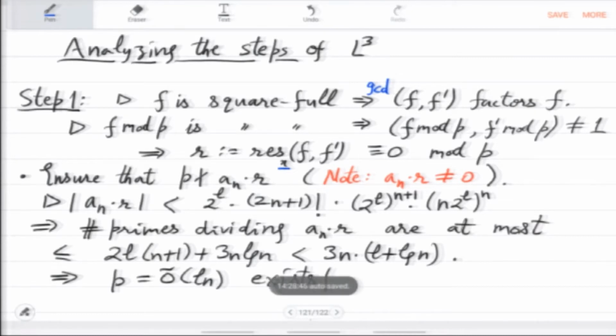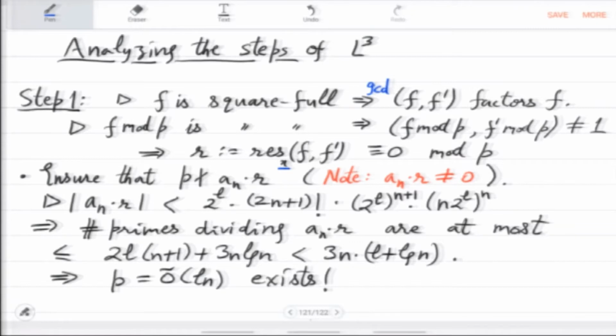Note that a_n times R is non-zero to begin with. a_n is obviously non-zero because the degree of f was n. R is non-zero because f is assumed to be square free. So the resultant will be a non-zero integer. So just pick a prime which doesn't divide it.